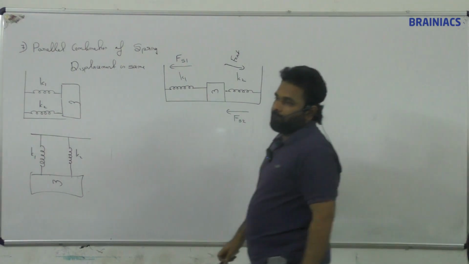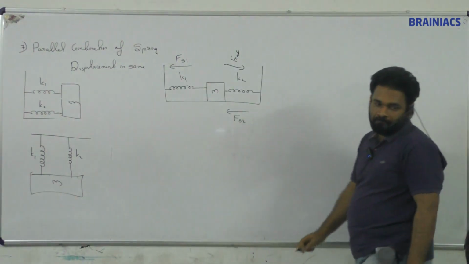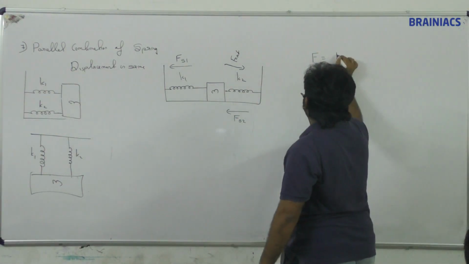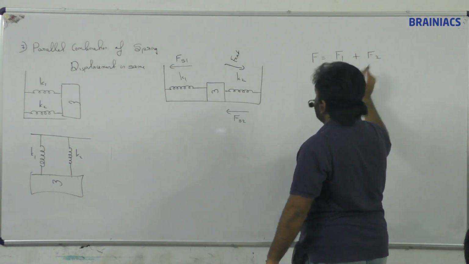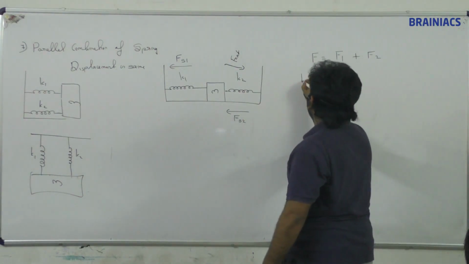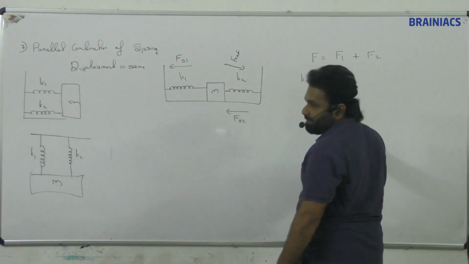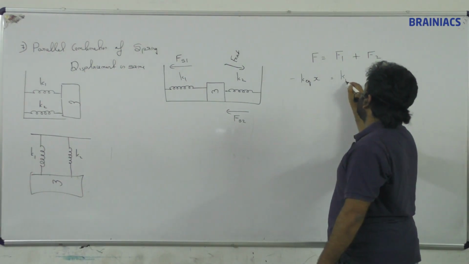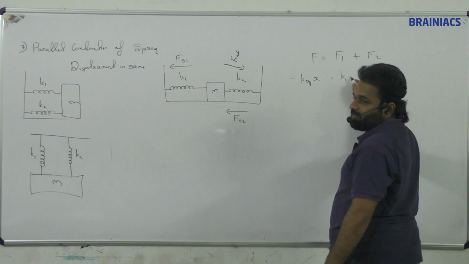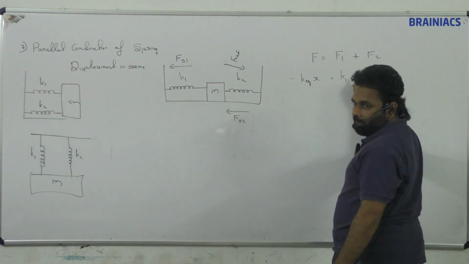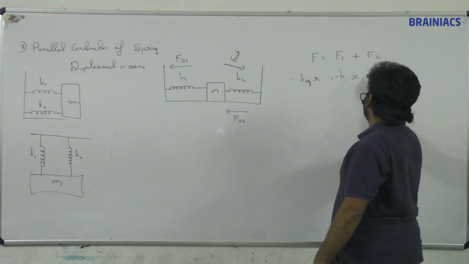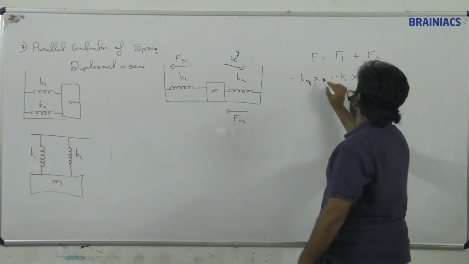Okay, correct? So F is equal to F1 plus F2. So K equivalent into X, with a minus sign for our convenience, is actually K1 into X1, plus minus K2 into X, correct?